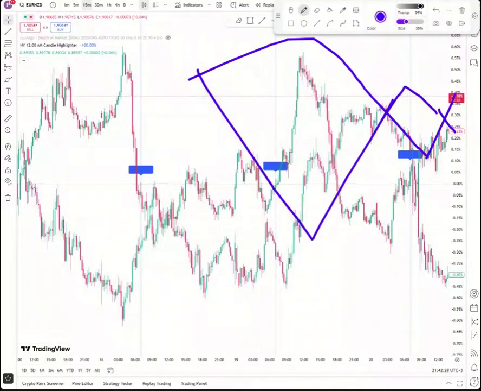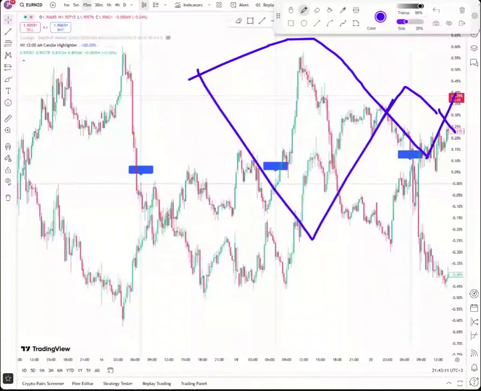So let me repeat how you set up the heatmap on TradingView. Just go to Google and search for heatmap, TradingView heatmap. Make sure it's not the crypto heatmap and it's not the stocks heatmap. Please pardon, the heatmap again.